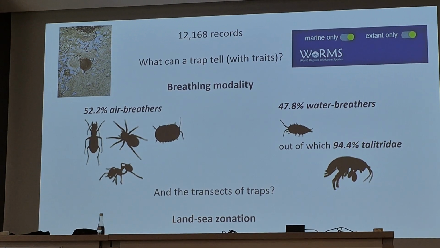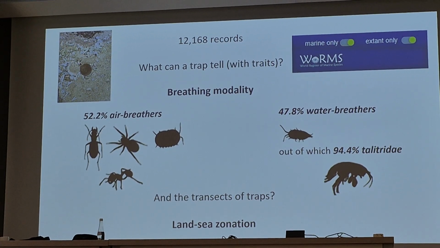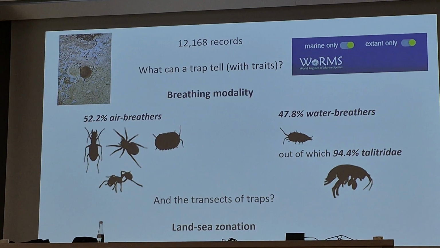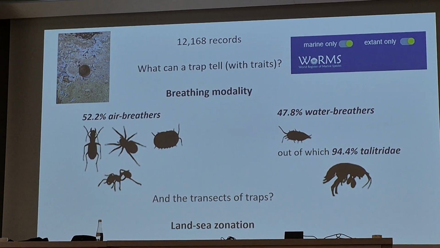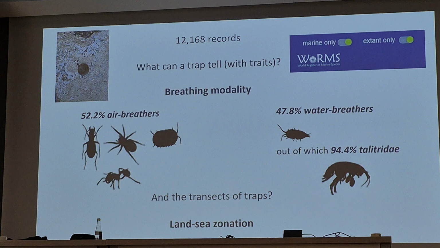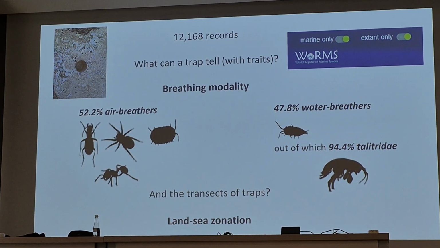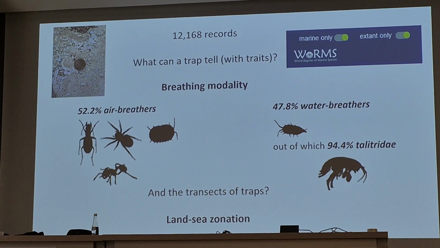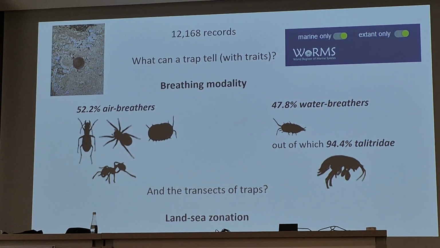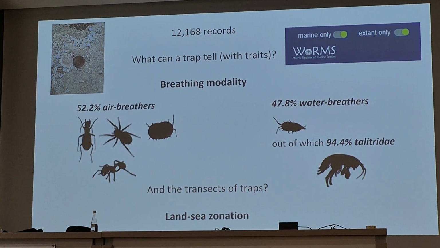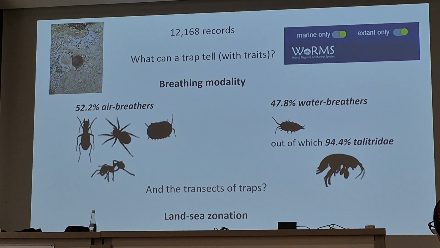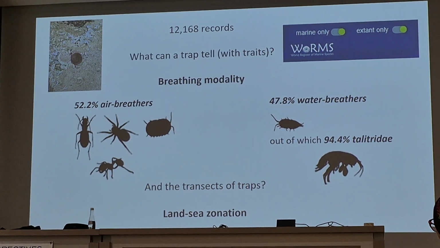On the beach, they need land and sea, so you have organisms that breathe air and organisms that breathe water. How to do this discrimination? We used WoRMS, selecting marine extant species only. And the fact that traps are organized in transects means that we can detect, say, the distance from the sea line.